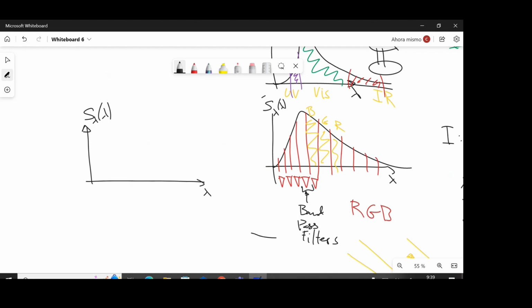The purest green light that you can think of. What is the spectrum of the purest light that you can think of? A line, because the wavelength is very small. There is a single wavelength that is green, and then we have a delta function. This is a delta. Can you think of something that emits this kind of spectra?